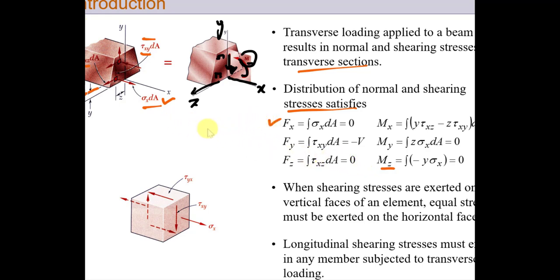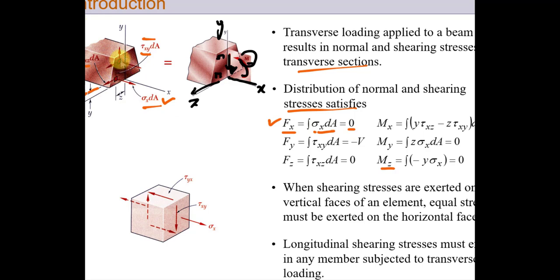Now you can see if we apply these equilibrium equations on this surface, the sum of all forces along x direction must be equal to 0, and the only force acting along the x direction is sigma x into dA. So if we integrate it over the surface, the total net force acting on this face in x direction will be equal to integral of sigma x dA is equal to 0.